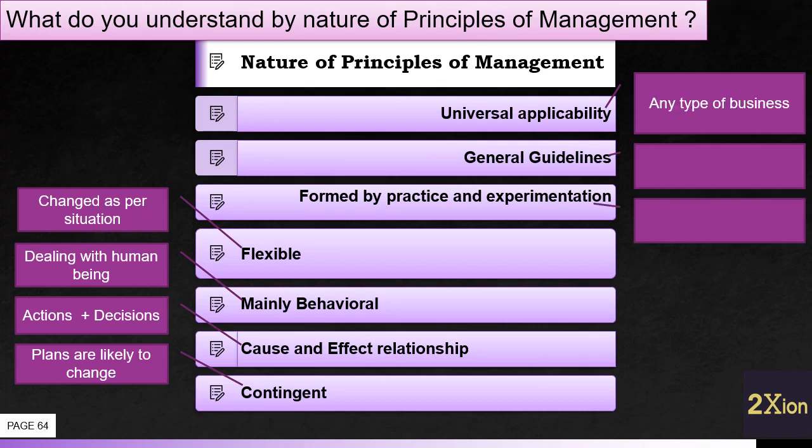What is universal applicability? Universal applicability means principles of management can be used by any types of business. What is general guidelines? It provides the general format and rules.